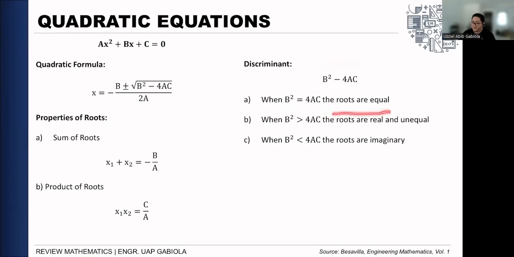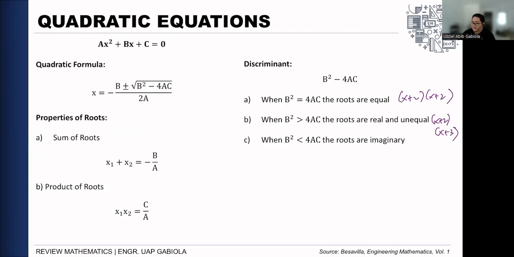So, ibig sabihin, ang possible na factor mo, halimbawa, is x plus 2 times x plus 2. Okay? Ganyan yung factor mo. Ngayon, kapag roots are real and unequal, kailangan greater than yung value ng b squared sa 4ac, no? So, kapag greater than siya, dalawa yung value ng root mo. Halimbawa, x plus 2 times x plus 3, no?